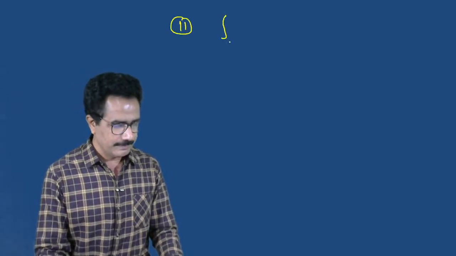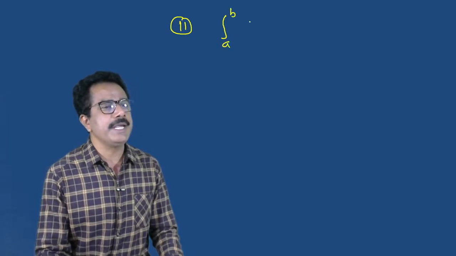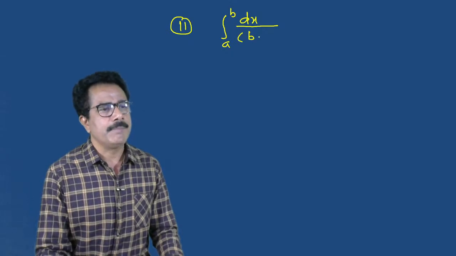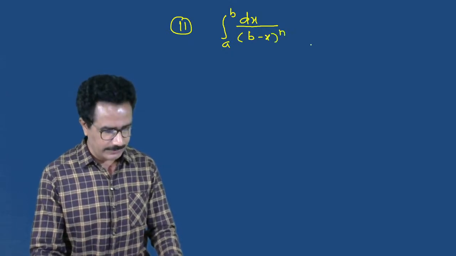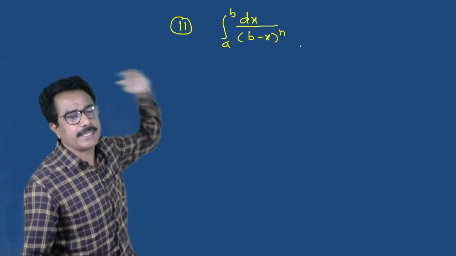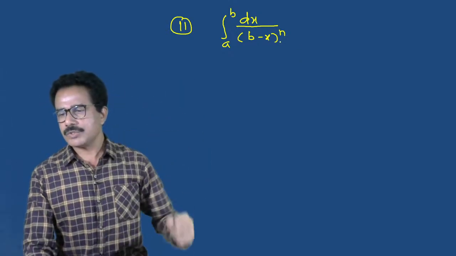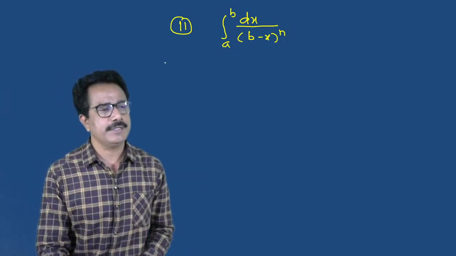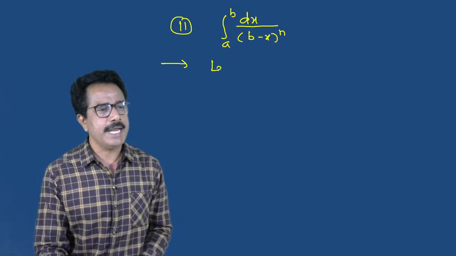Integral from a to b dx divided by (b minus x) raised to n. Now how to solve this integral? See this, I will solve this much.